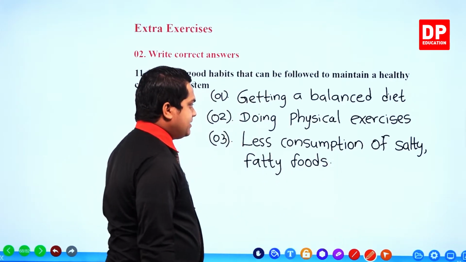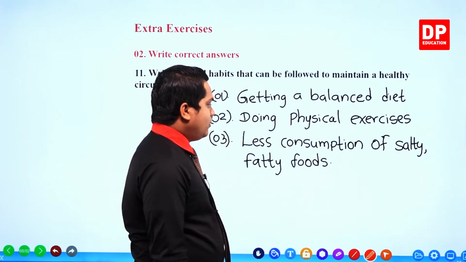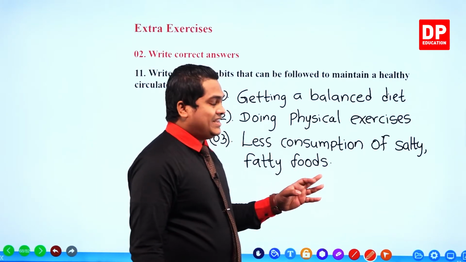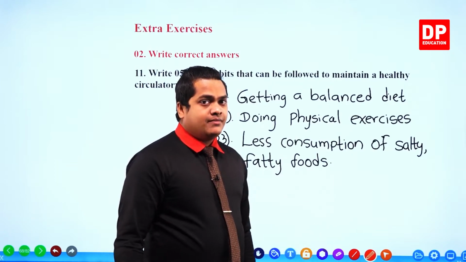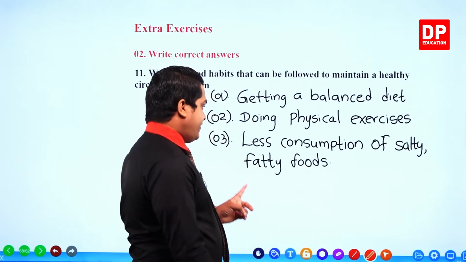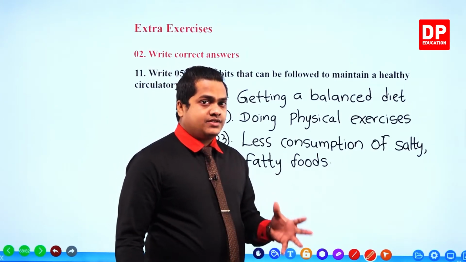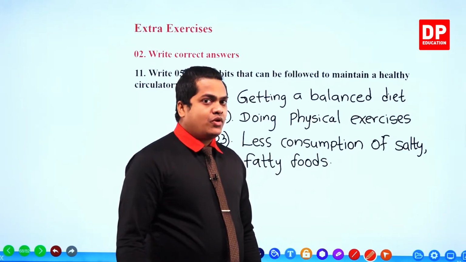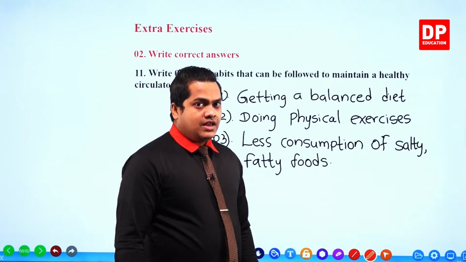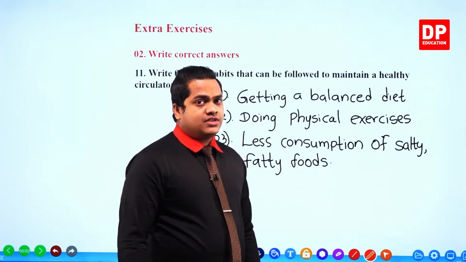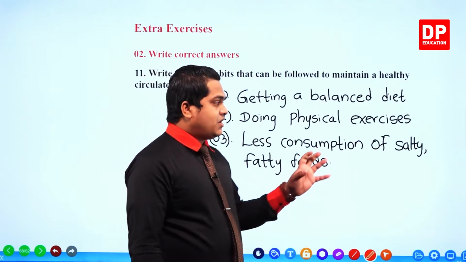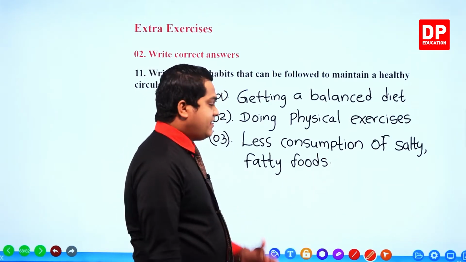So less consumption of salty and fatty foods. Salty foods increase the blood pressure. Fatty foods increase the tendency of having heart attacks. So it's important to reduce the consumption of, or we have to consume less amount of salty and fatty foods.